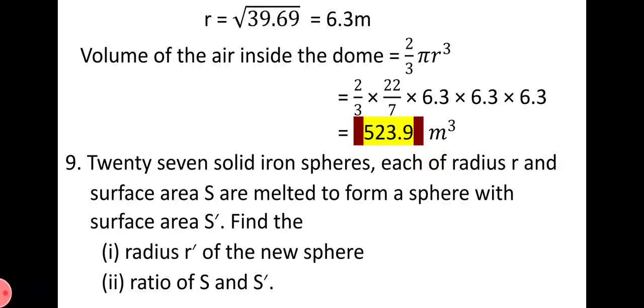Now we have to find the radius r dash of these new spheres which are formed, and also compare the ratio of surface area of the given solid iron sphere with the new sphere. So for solution, volume of a sphere of radius r equals 4 upon 3 pi r cube.